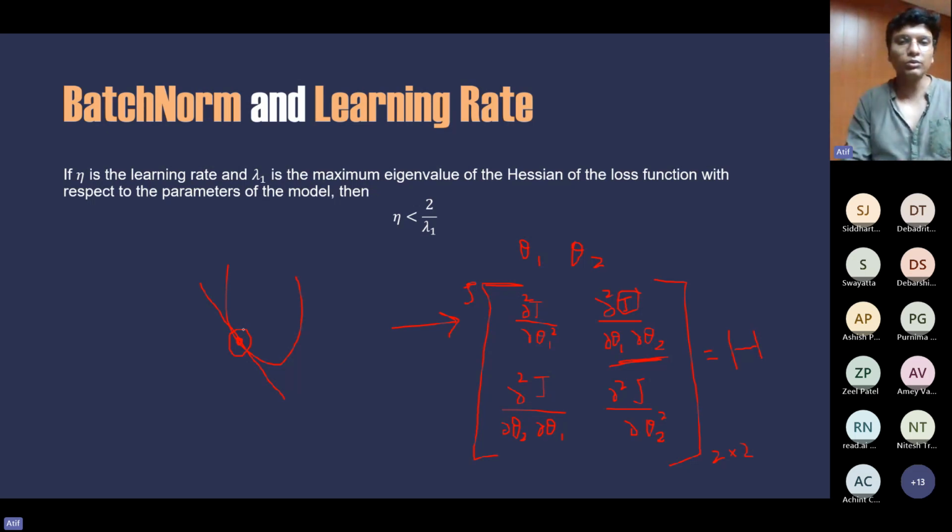Now, if I compute the eigenvalues of the Hessian, and I'm not going into what the eigenvalues and eigenvectors mean, I am assuming you already know that. If you look at the maximum eigenvalue with respect to the Hessian, this is very controversial. My math prof is really going to scold me if I give you this intuition.